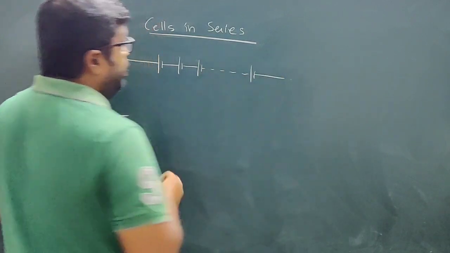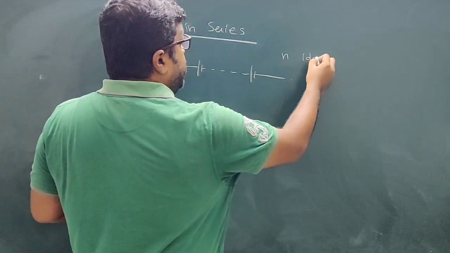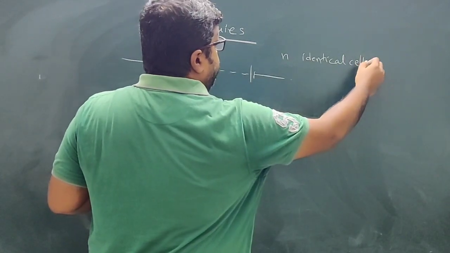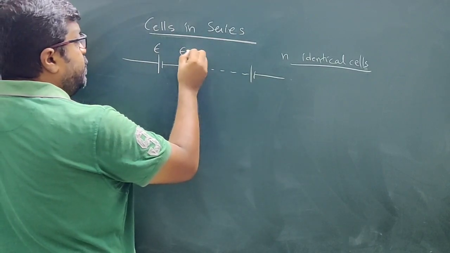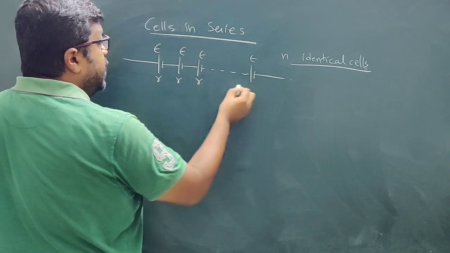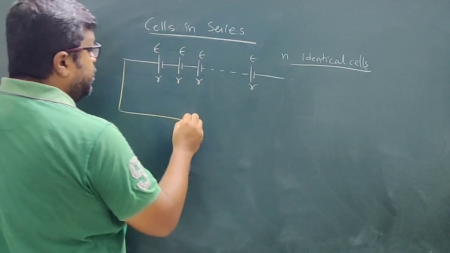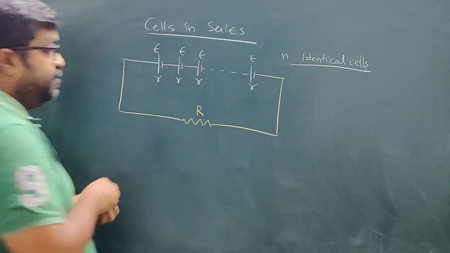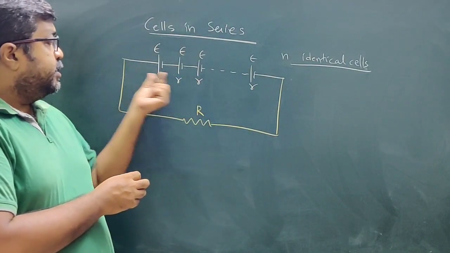These are n identical cells, each of EMF E and each of internal resistance r. And suppose this is connected to external resistance capital R. So all these are in series.